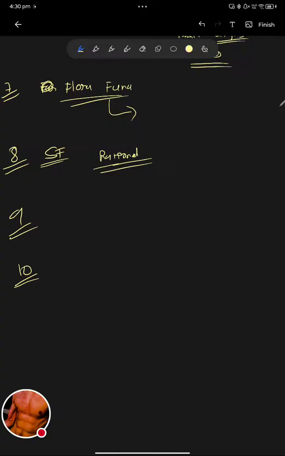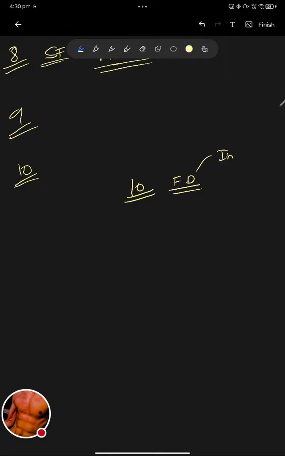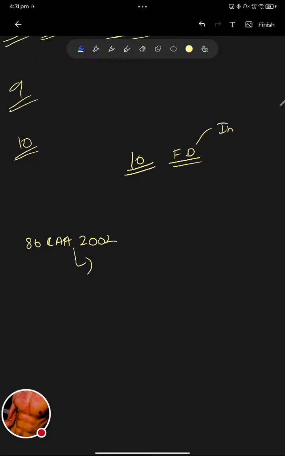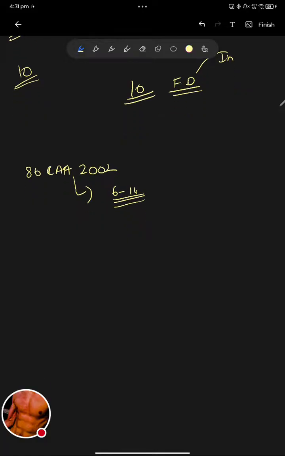So this is the whole 10 of your fundamental duties. These were during the independence, but the one fundamental duty which was added is by the 86th Constitutional Amendment Act of 2002. This Amendment talks about children between 6 and 14 going to school and all that.